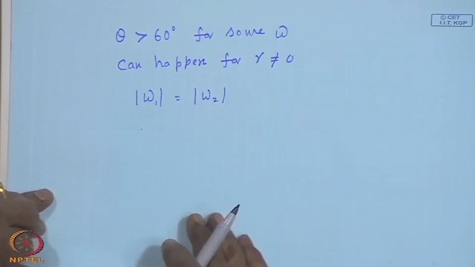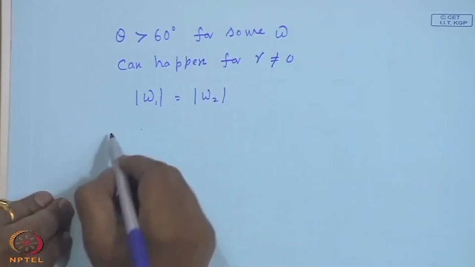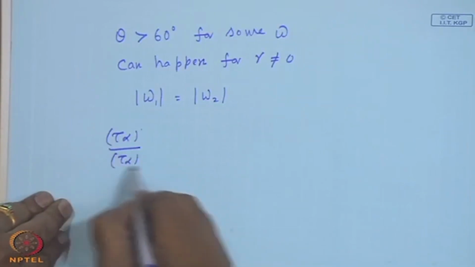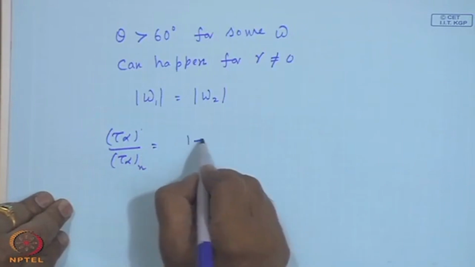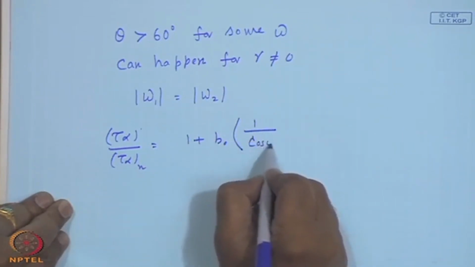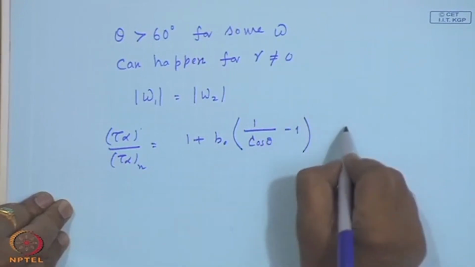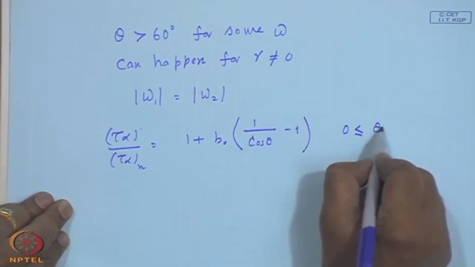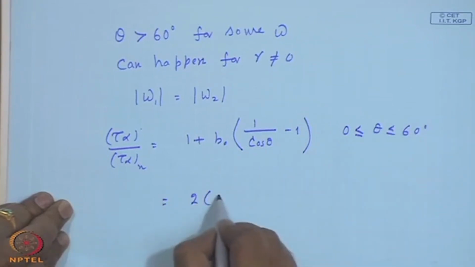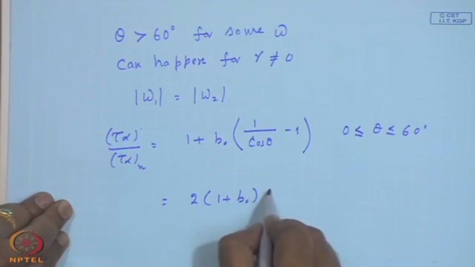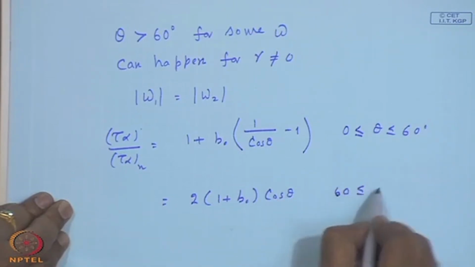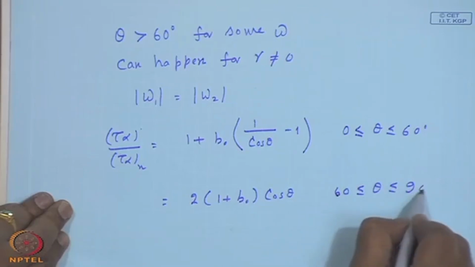So, this is where we have the complexity, since tau alpha by tau alpha normal is 1 plus b 0 into 1 by cos theta minus 1 for 0 less than or equal to theta less than or equal to 60 degrees, and equal to 2 into 1 plus b 0 times cos theta for 60 less than or equal to theta less than or equal to 90 degrees.